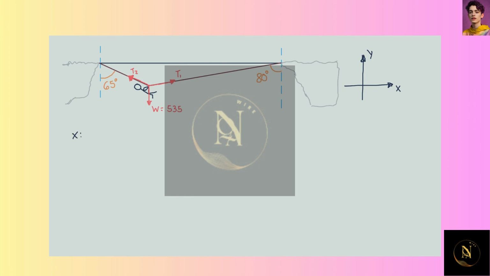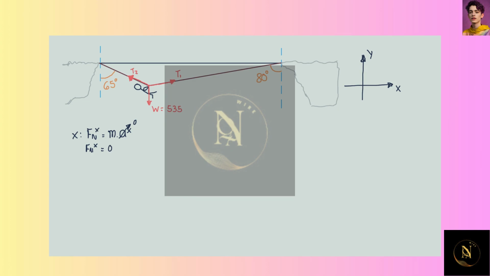For the x-axis, the net force acting on the person is equal to the mass of the person times the acceleration of the person in the x direction. The person is resting there, so it's not moving and not going to move. Then the acceleration is equal to 0. So the net force in the x direction is equal to 0.